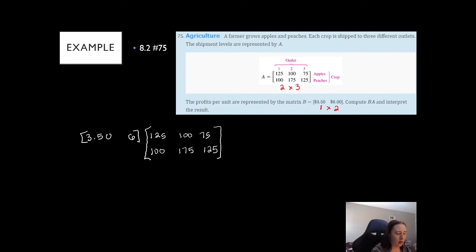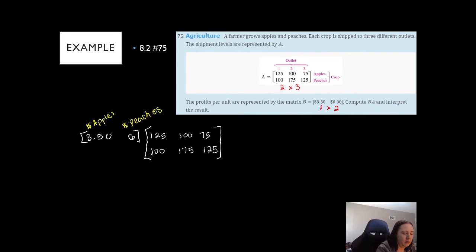And so if it helps, this 3.50 is going to be for apples, and then the $6 is for peaches. And you may be asking me, how do I know that? How do I know the 3.50 is for apples, the $6 is peaches? Because it didn't tell me that. And I know this because these columns have to match with the rows of our other matrix here.